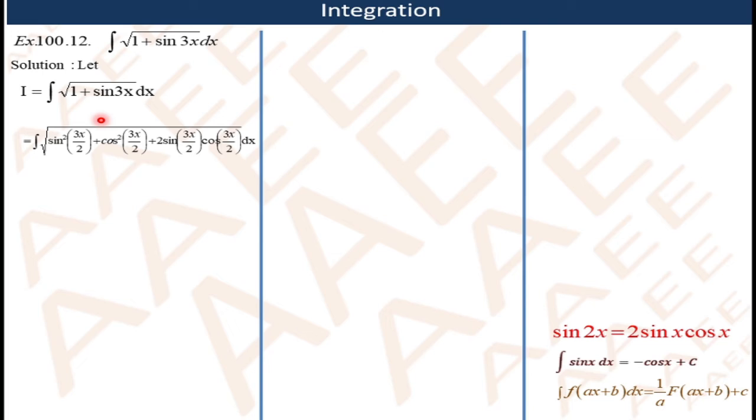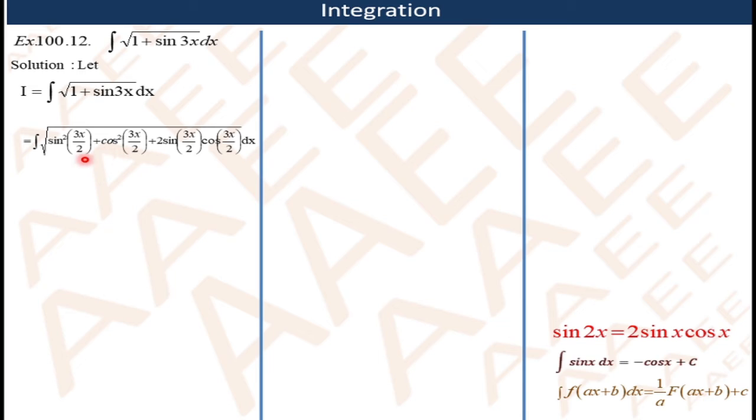So here, whatever the 1, I'll write it as sine square plus cos square, and for sine of 3x, 2 sine of x into cos of x is sine of 2x. Here 2x is equal to 3x, and therefore x is equal to 3 by 2. So sine of 3x can be written as 2 sine of 3x by 2 cos of 3x by 2, and whatever the 1 is, sine square 3x by 2 plus cos square 3x by 2.